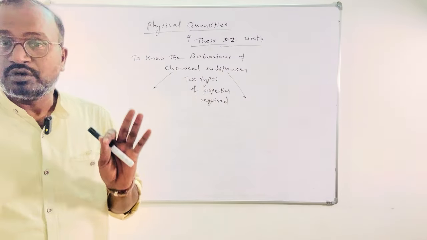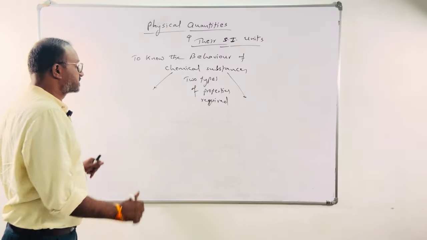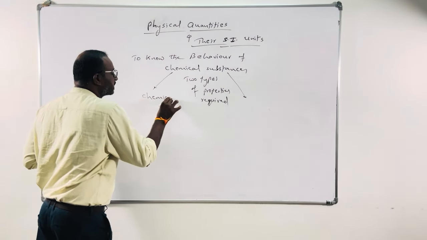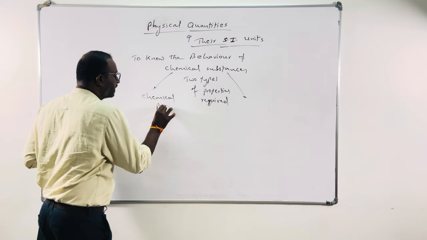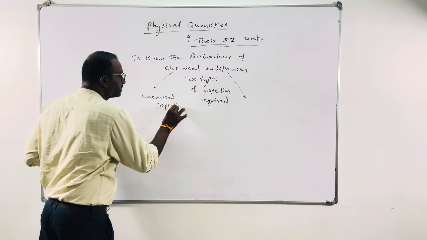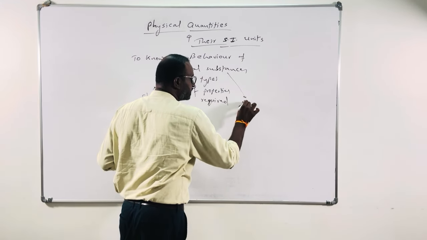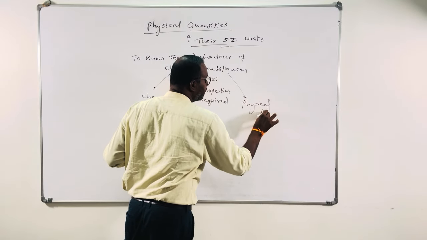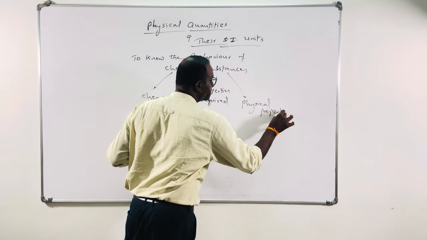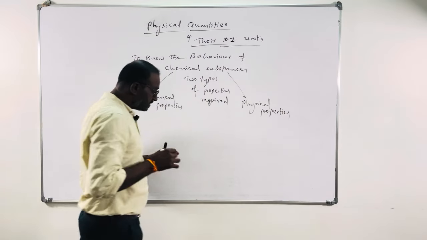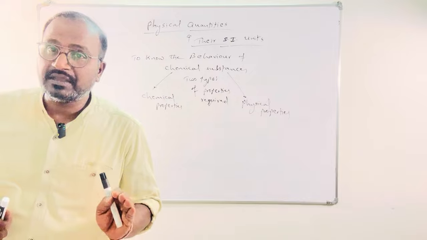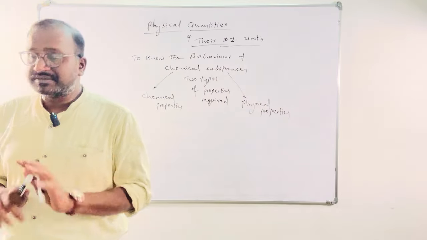One is chemical properties, and the other is physical properties. We need these two types of properties to know the behavior of chemical substances.